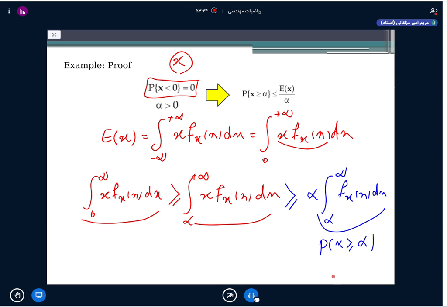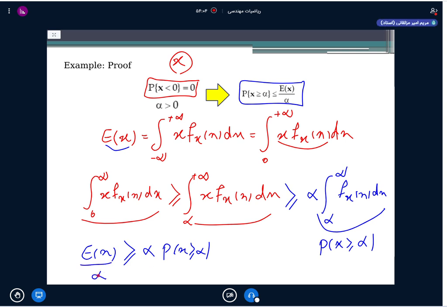From the properties of the PDF, to compute the probability that X is greater than or equal to alpha, we should integrate the PDF in this interval. So this is equal to this. Now our proof is complete because we obtained that the expectation of X is greater than alpha times this probability.